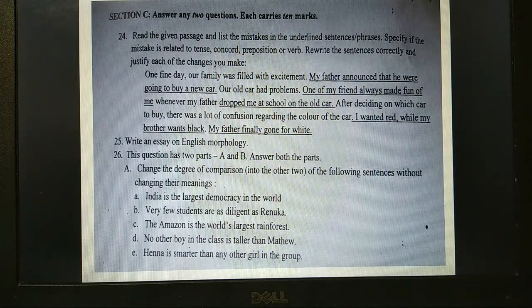So write an introduction on morphology. What is morphology? What is a morpheme? What is a zero morpheme? What is a bound morpheme?